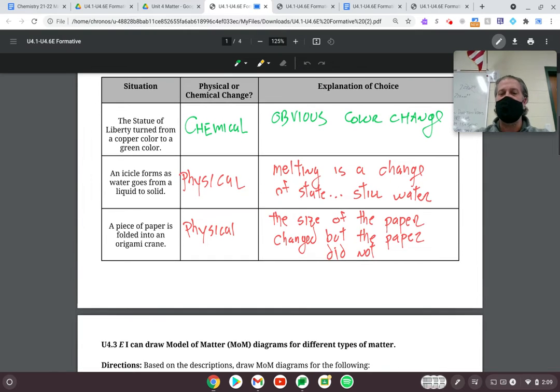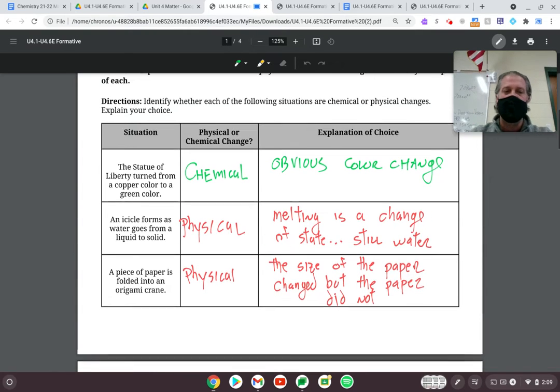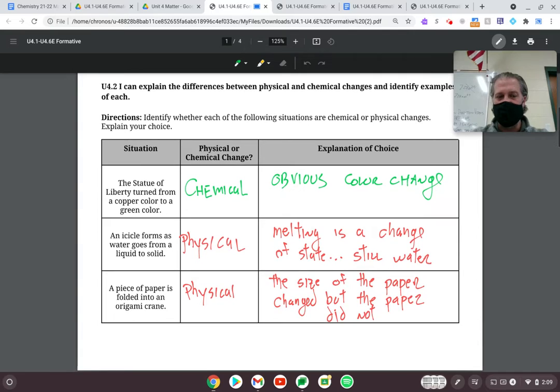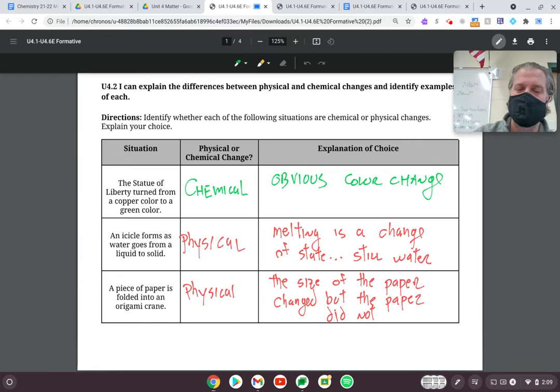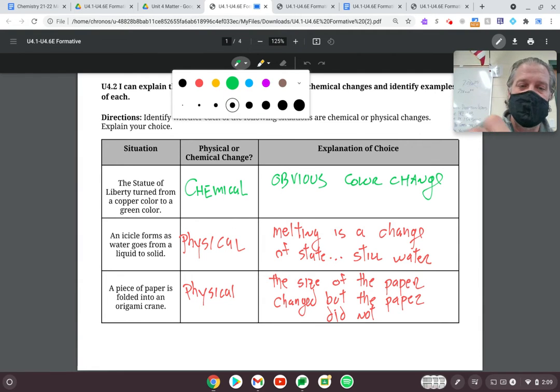Next one, you had to identify chemical and or physical change. The Statue of Liberty turning from a copper color to a green color is a chemical change, obvious color change. You could have said something like it oxidized, and that's clearly a chemical change as well, but we didn't give you that information. An icicle forms as water goes from liquid to a solid. This is a physical change.